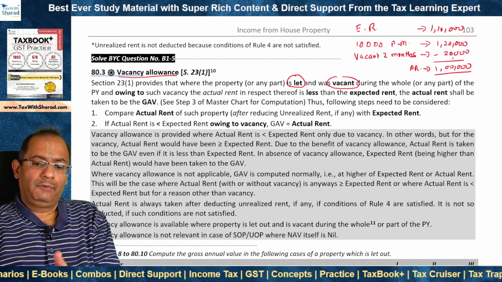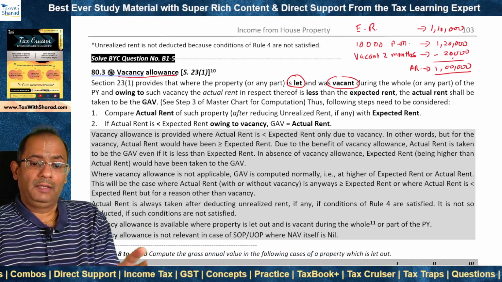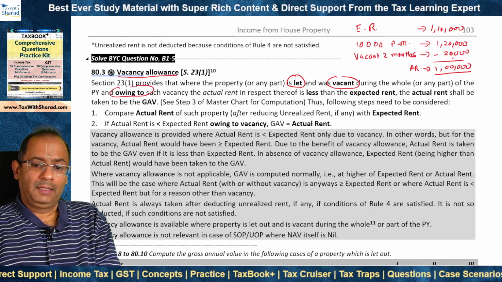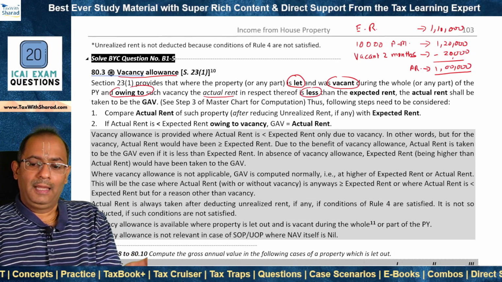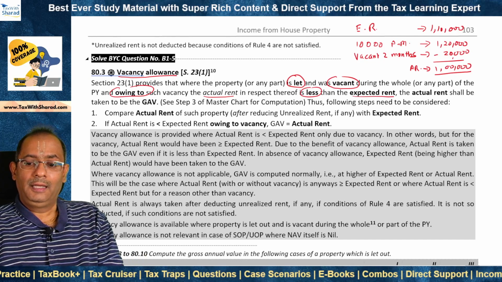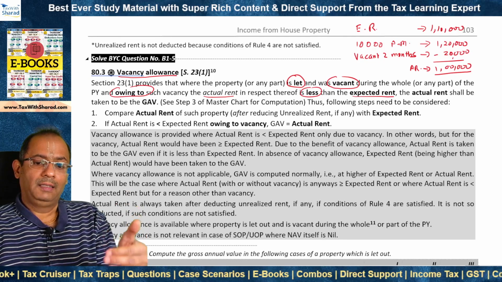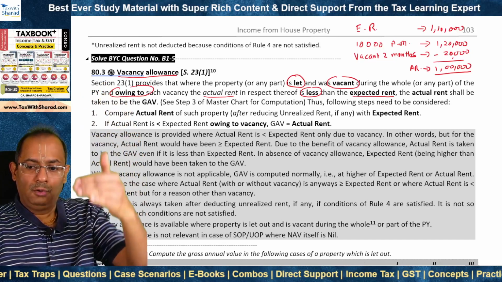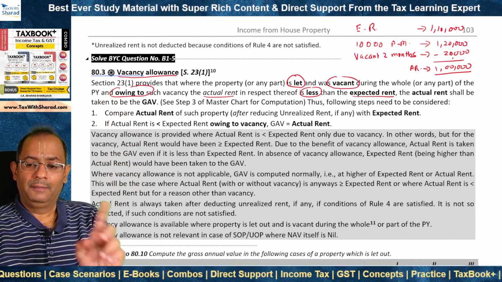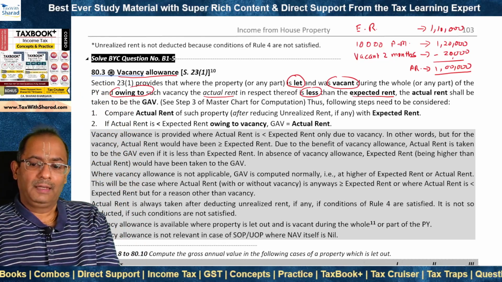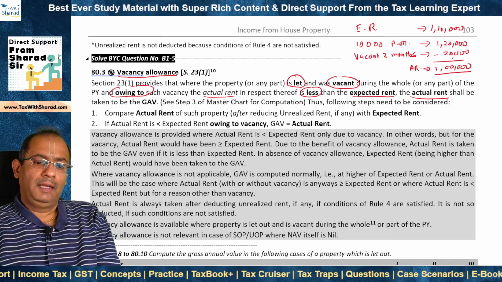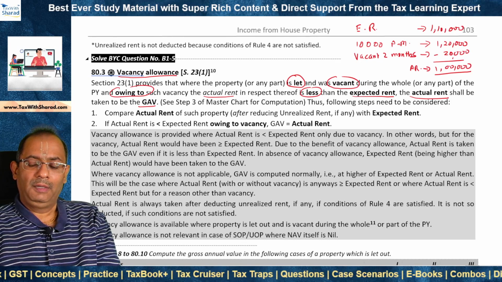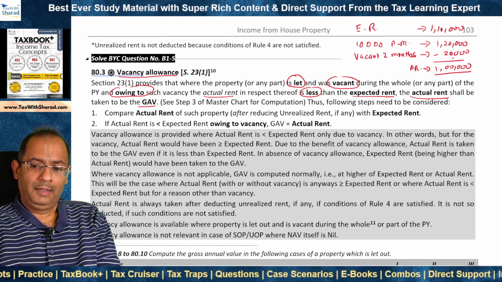And owing to such vacancy, that means because of such vacancy, the actual rent in respect thereof is less than what? Is less than the expected rent. That means because of vacancy, the actual rent goes below the level of expected rent. Then benefit is that of vacancy allowance. And therefore, the actual rent is taken to be the GAV and not the expected rent, even if it is higher than the actual rent.